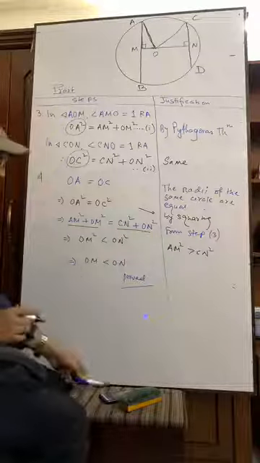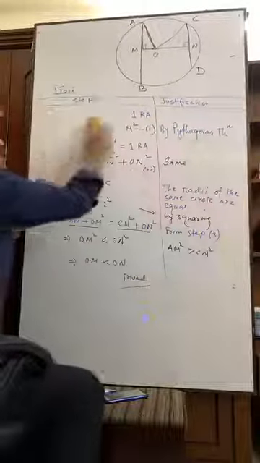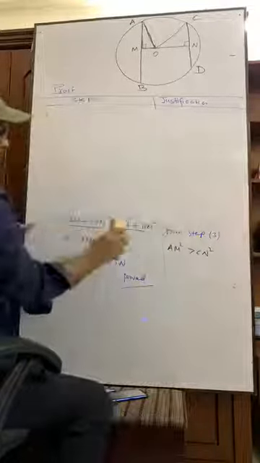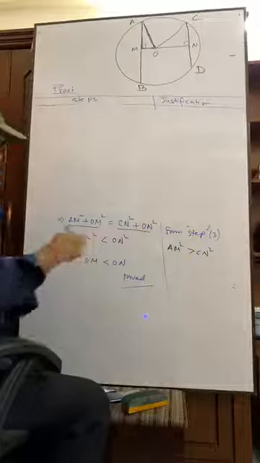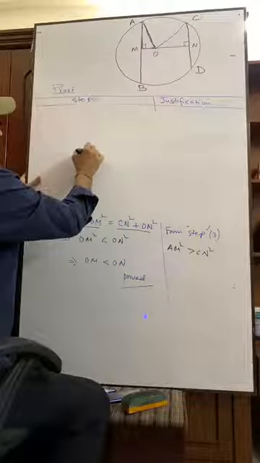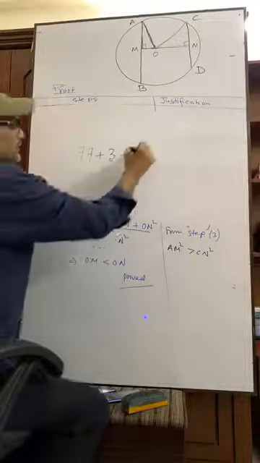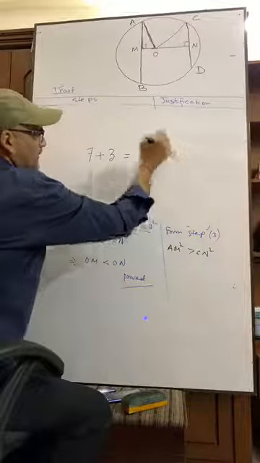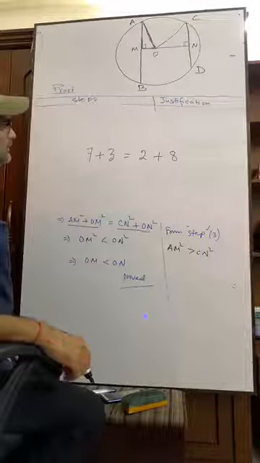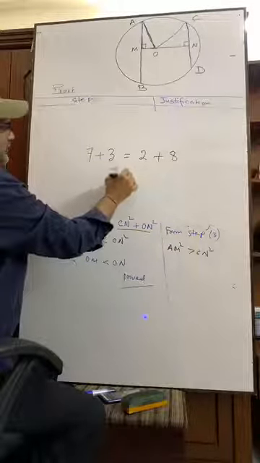I gave you an example. Suppose 7 plus 3 can be written as 2 plus 8. Can it be written? Now see here, 7 is greater than 2, right?